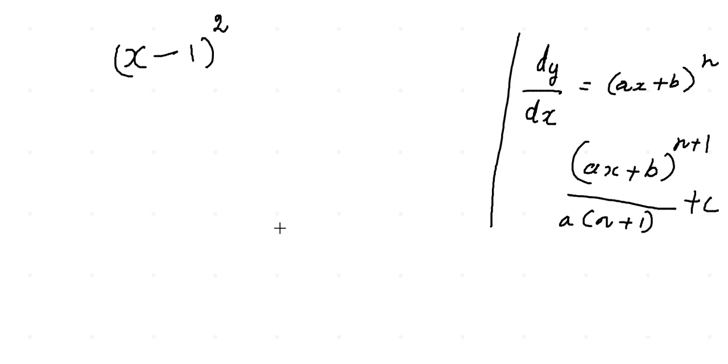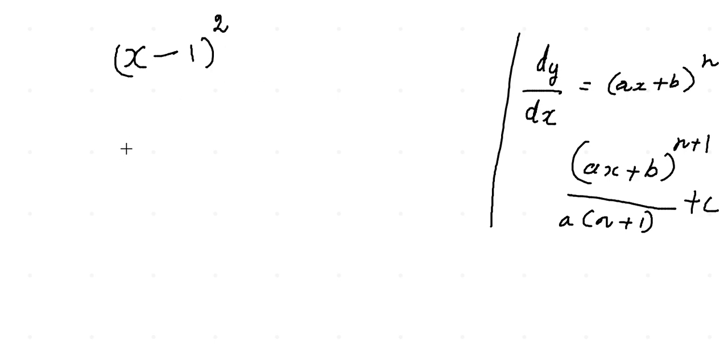Okay, you have that formula, and so here it looks like 1x minus 1 the whole square, right? So it looks like a is 1 and b is minus 1 and n is 2. Okay, so it's a very simple formula.